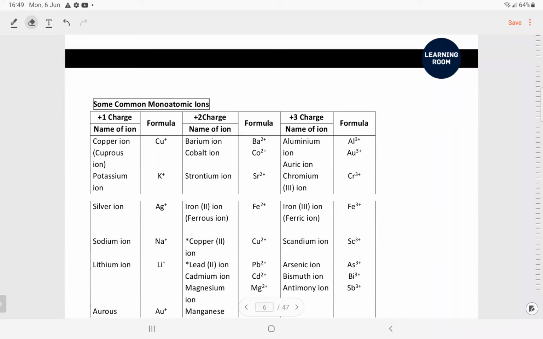There are 3 rules to fill this electronic configuration. First one is the Aufbau principle. Then the Pauli exclusion principle.